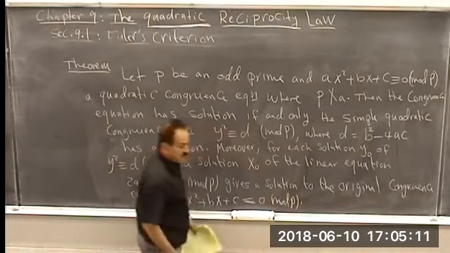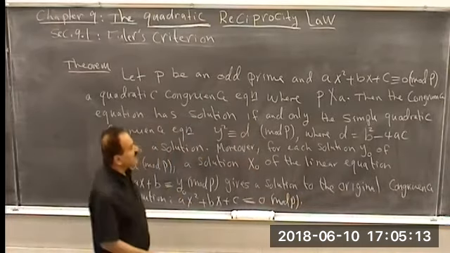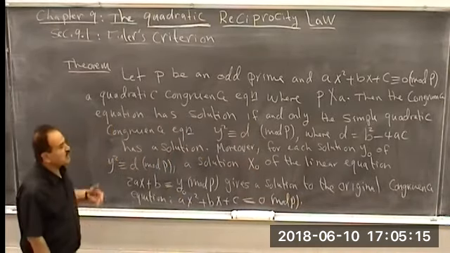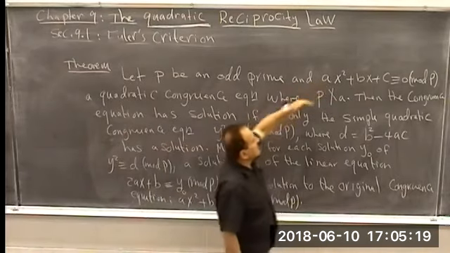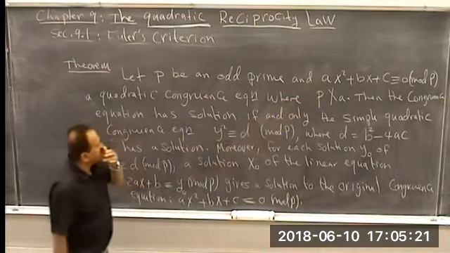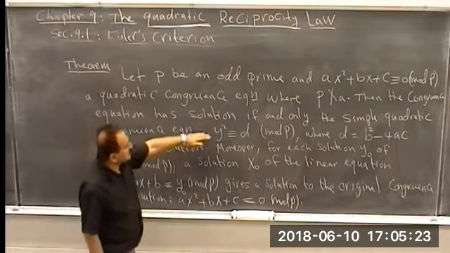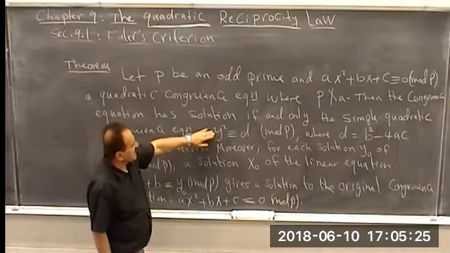In other words, this theorem basically tells us a procedure for how to solve a quadratic congruence equation by transforming it into a simple quadratic, and solving this simple quadratic.